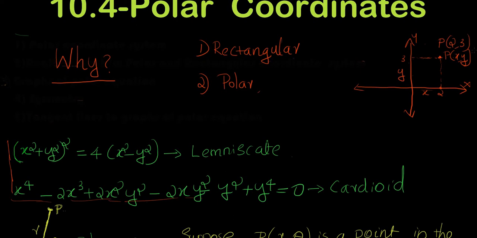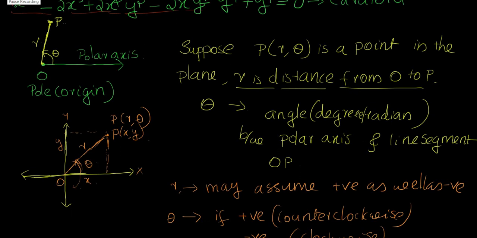How do you represent P(2, 3) as a point in the polar coordinate system? That is what we are going to discuss. Here this is the origin.